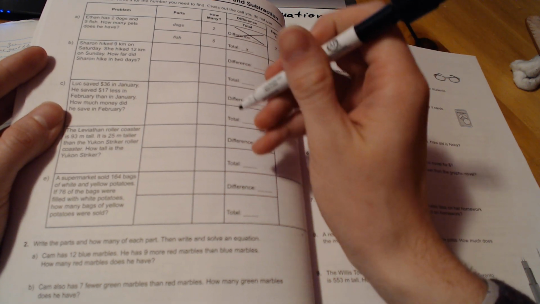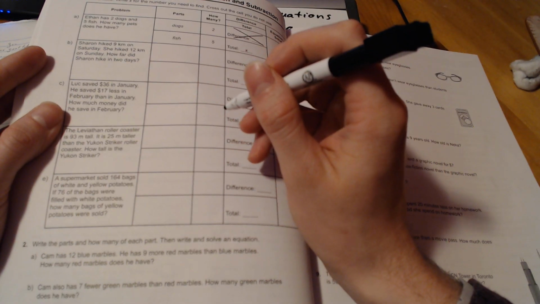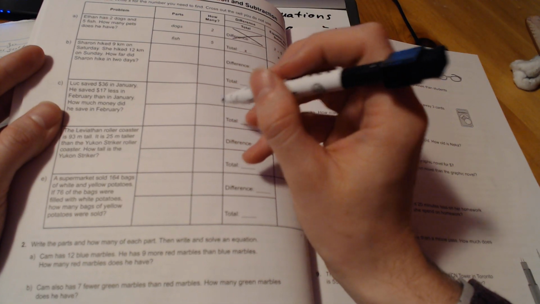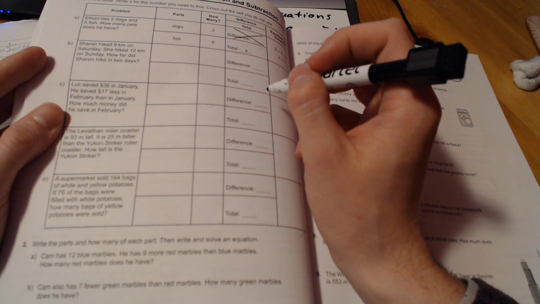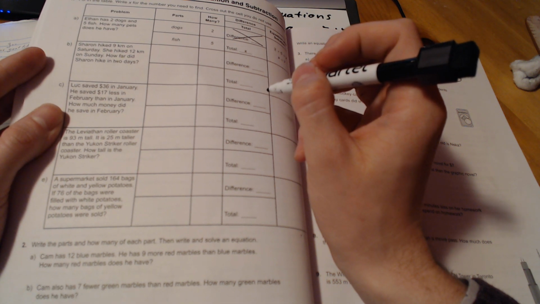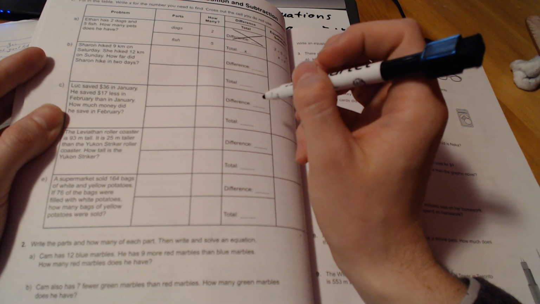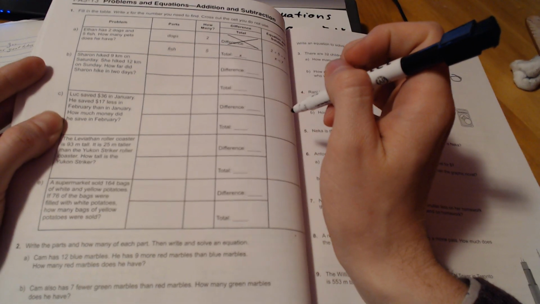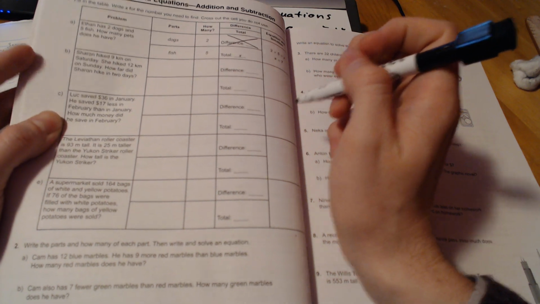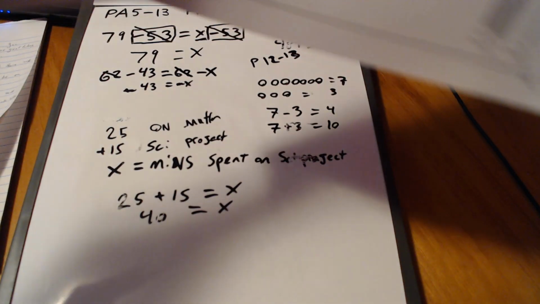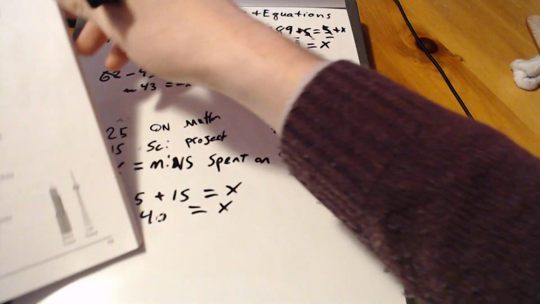It doesn't give you the amount that he saved in February. Instead, it gives you the difference. So it tells you that he saved less than he saved in January, so $17 less. So if you're trying to find the solution here, I can show you this one for your own help.